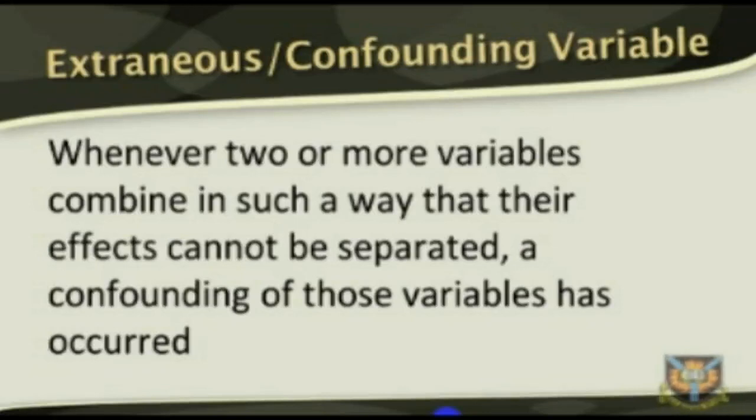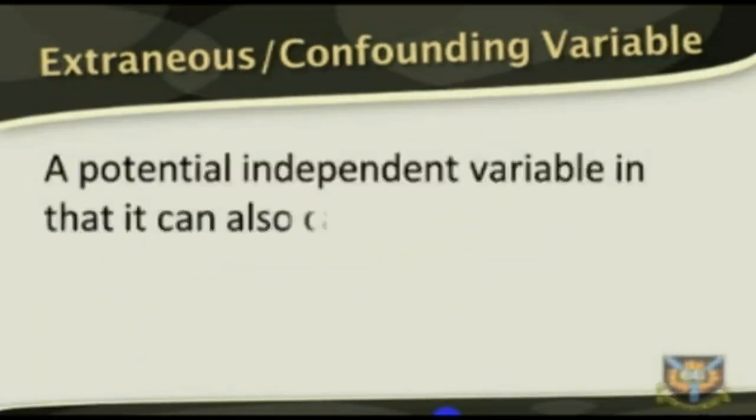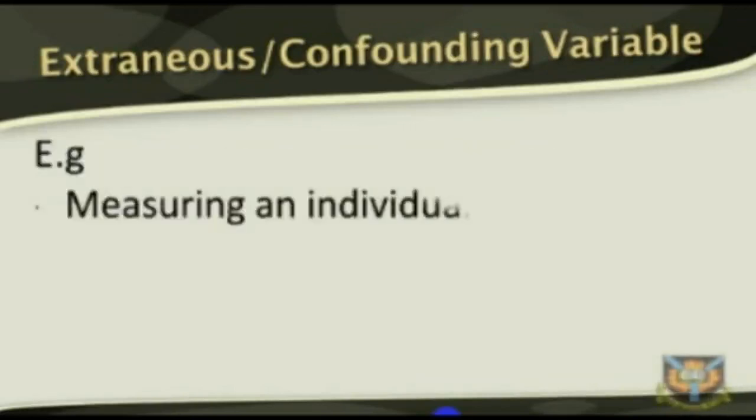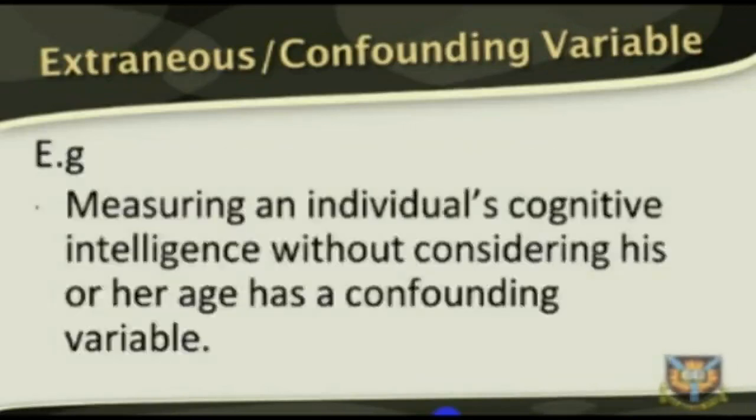For example, measuring an individual's cognitive intelligence without considering his or her age as a confounding variable. However, a study may include confounding and still maintain a fair degree of internal validity if the effects of the confounding variable in the situation under scrutiny are known.